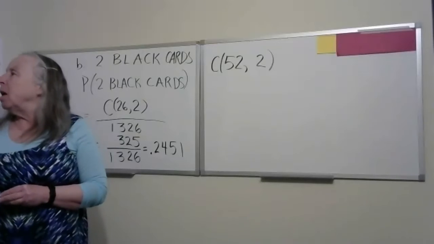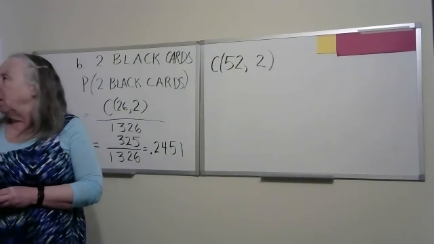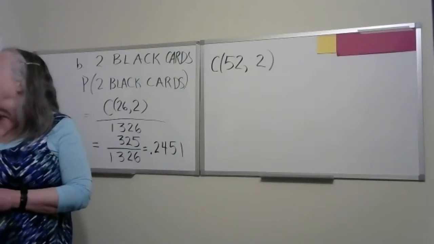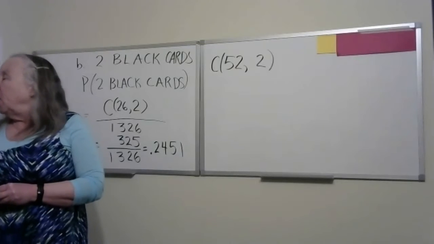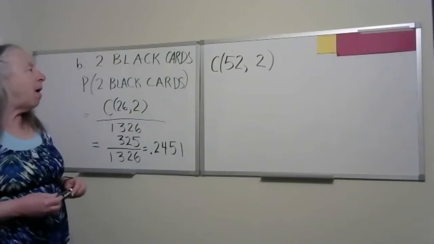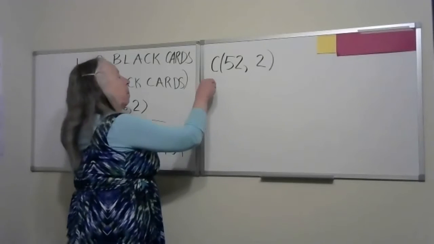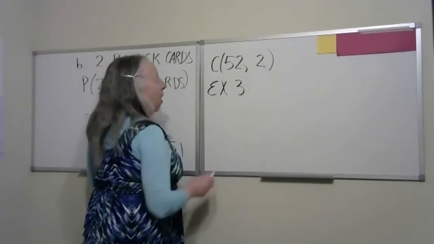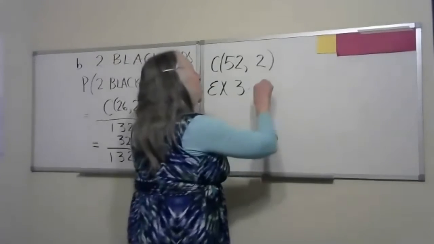All right, so our next example is 4 marbles are selected at random without replacement from an urn containing 3 red marbles and 5 green marbles. Find the probability of the given event. So first of all, in example 3, we have to find out what the denominator is.